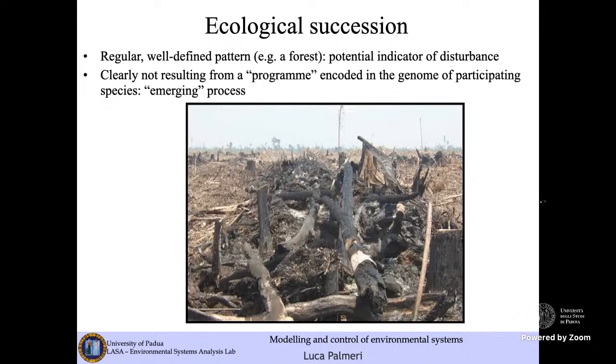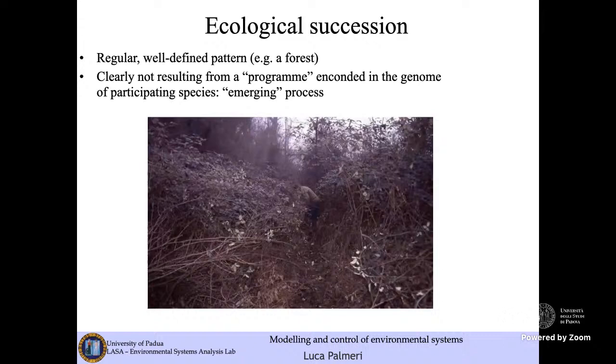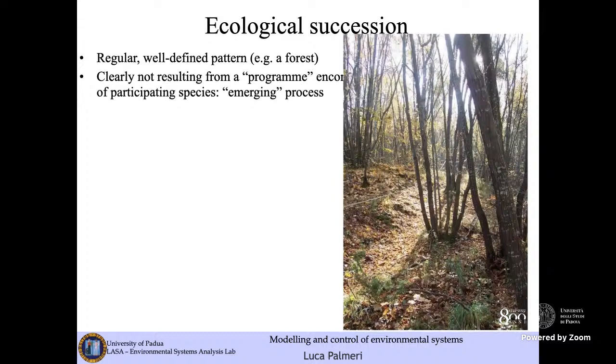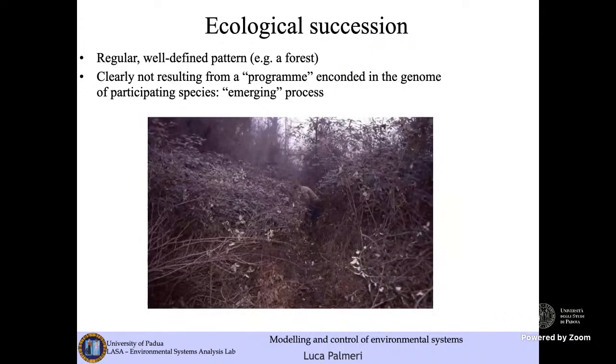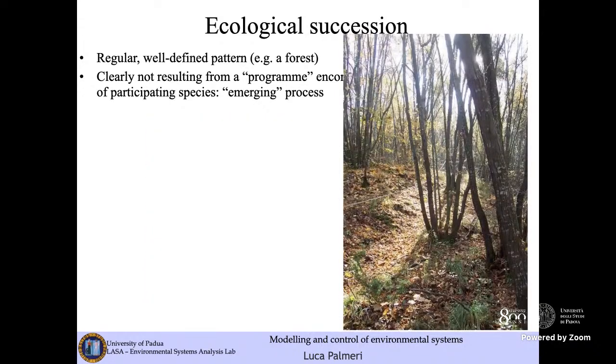This is an example of forest succession. This is an example of what happens to a forest when you have fire. After some time from the fire, you have a rebuilding of the forest, with a kind of emergence, and then after some years your primary forest becomes a wood with very defined characteristics.